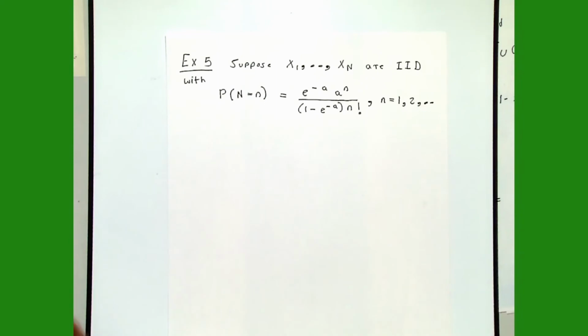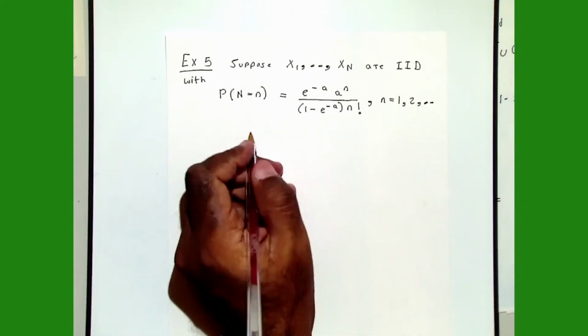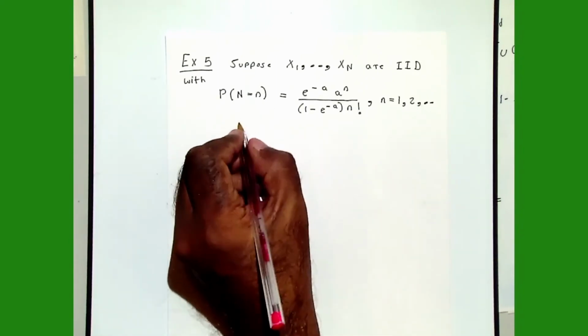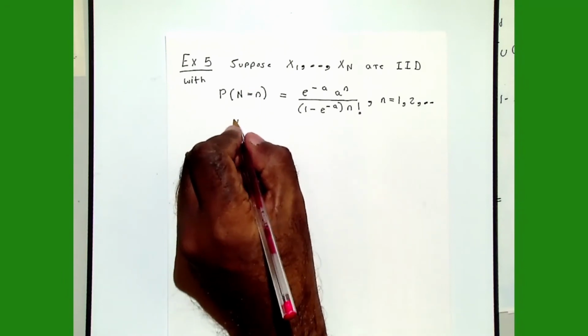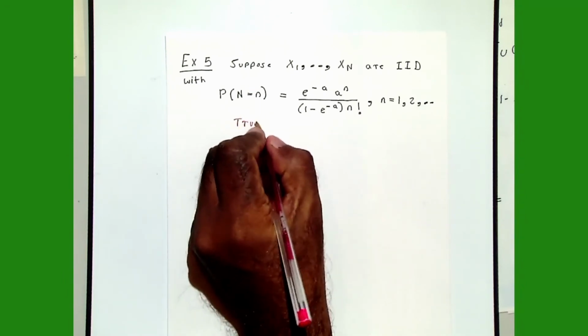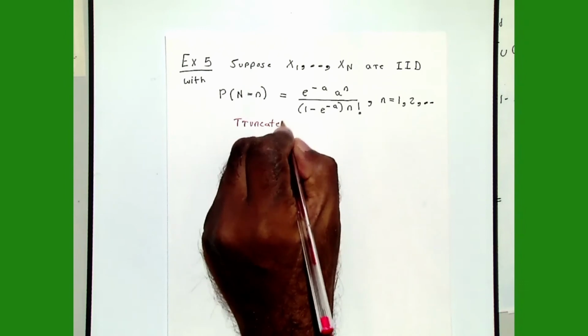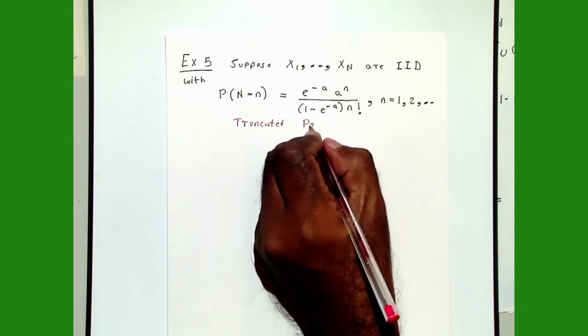If you don't know, this one is known as the truncated Poisson distribution.